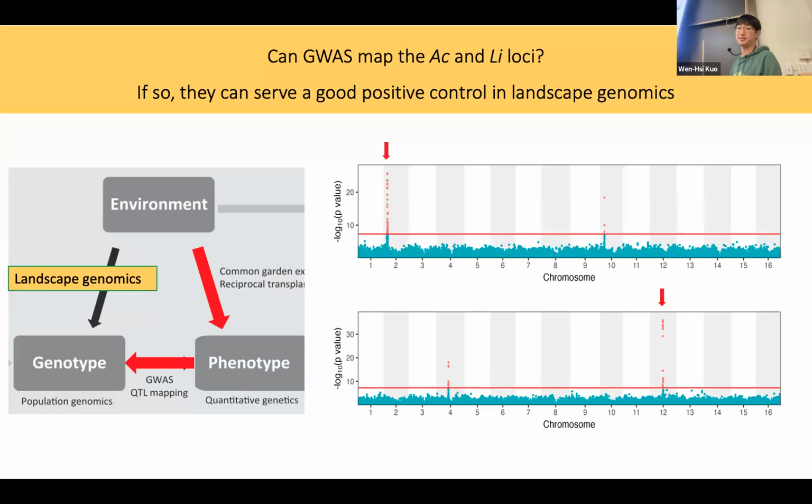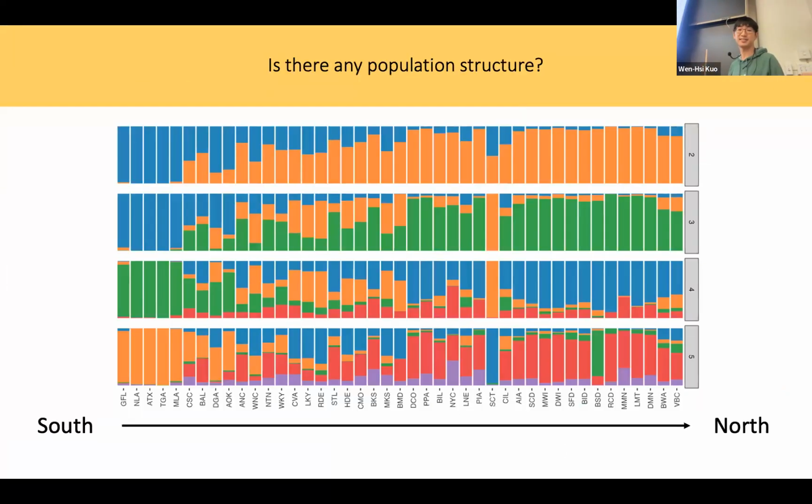So until here, we are almost ready to do some landscape genomic study, except that we need to know the population structure of white clover in North America, because population structure could be an important confounding factor for landscape genomic analysis.